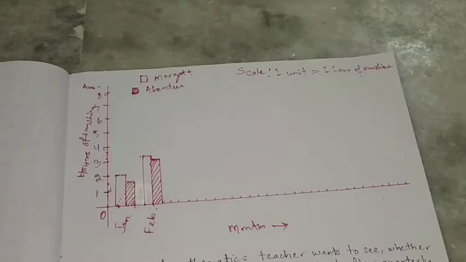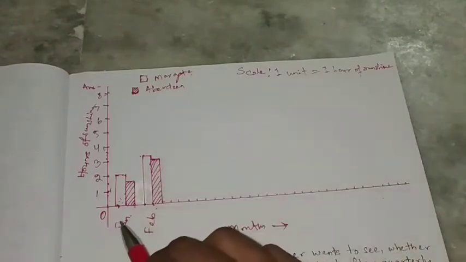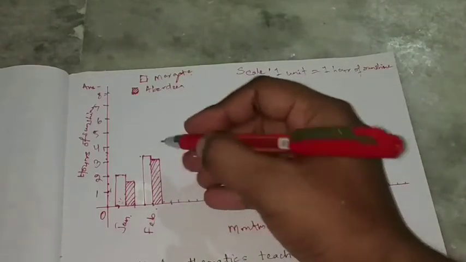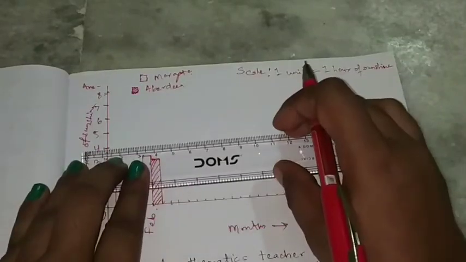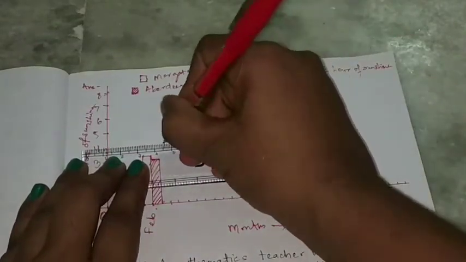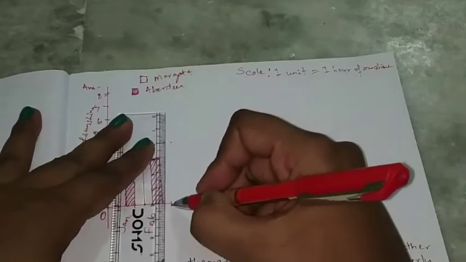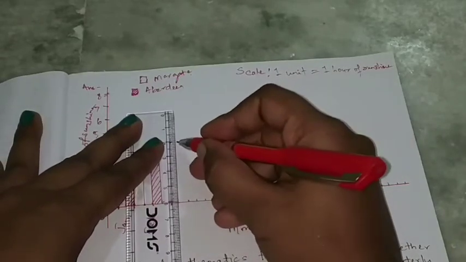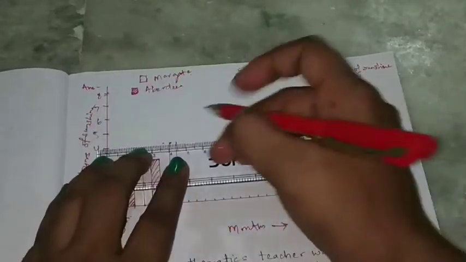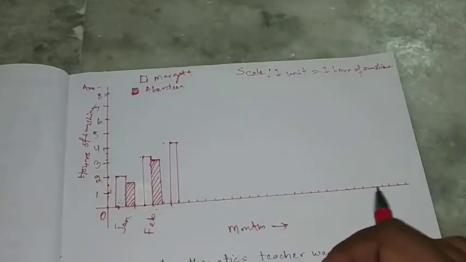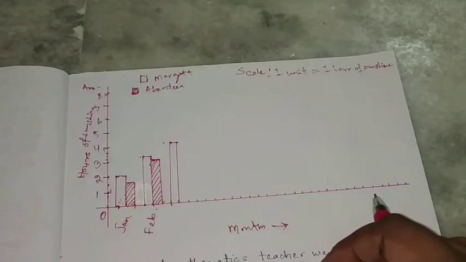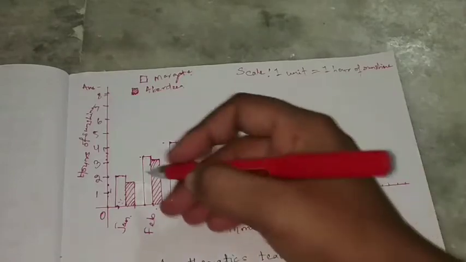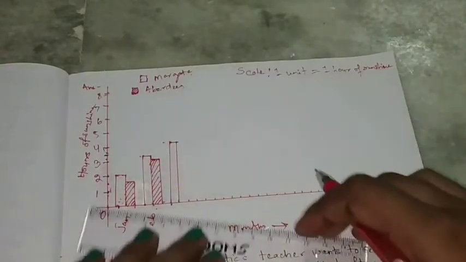Next we'll see for March, that is for Margaret, that is 4 hours. So again I will take the gap, 4 hours. What I'll do, this is for Margaret, and in Aberdeen that is 3.5. 3.5 is, this one is 3.5.